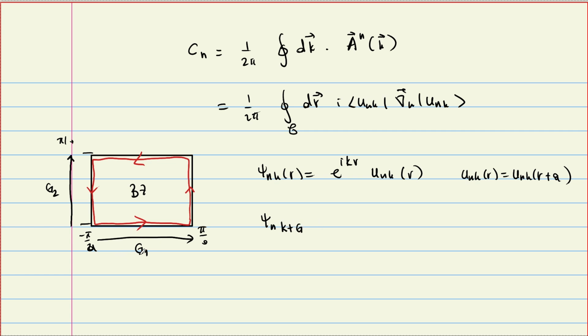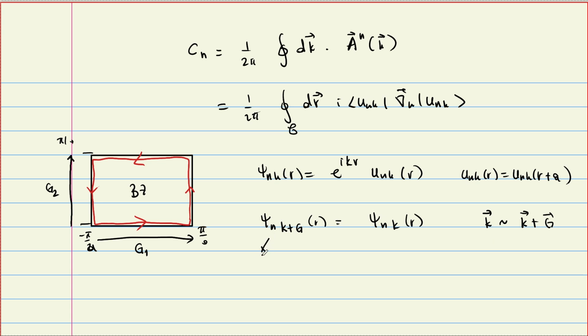For g equal to g1 or g2, it doesn't matter. We said if you shift k by g, you should come back to yourself. That's why we call this a torus rather than any other manifold. And this is effectively identifying k with k plus g for any reciprocal lattice vector.